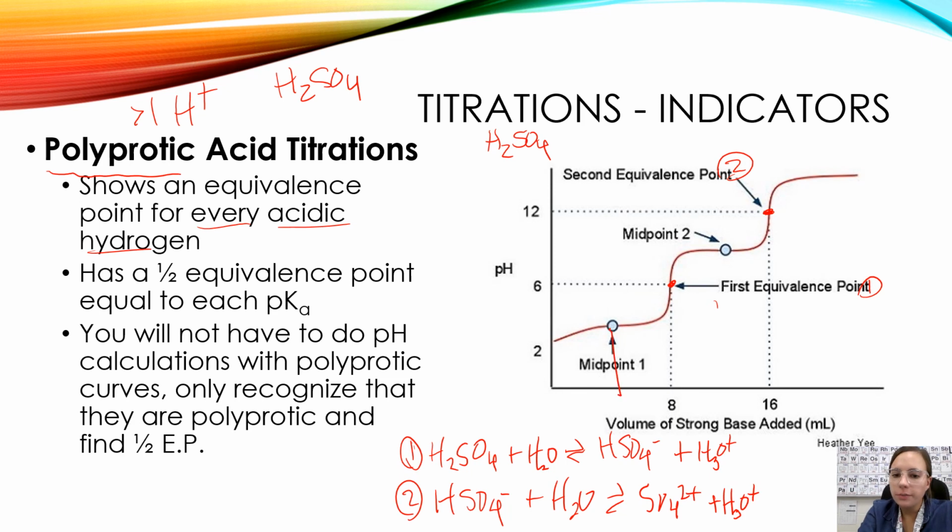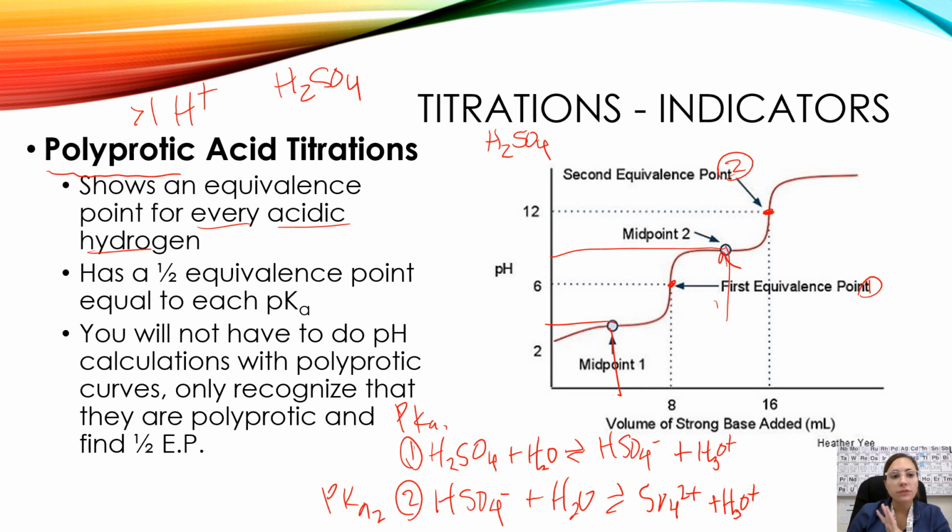This first midpoint is equal to the pKa of the first hydrogen, and the second midpoint is equal to the pKa of the second hydrogen. And if you remember, those should change because the Ka's go down as we lose subsequent hydrogens, so the pKa's are going to go up.